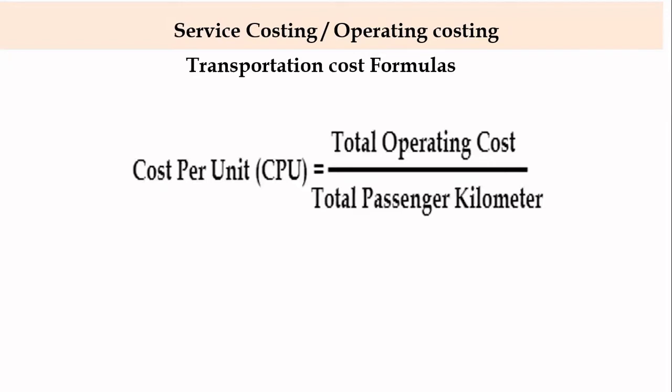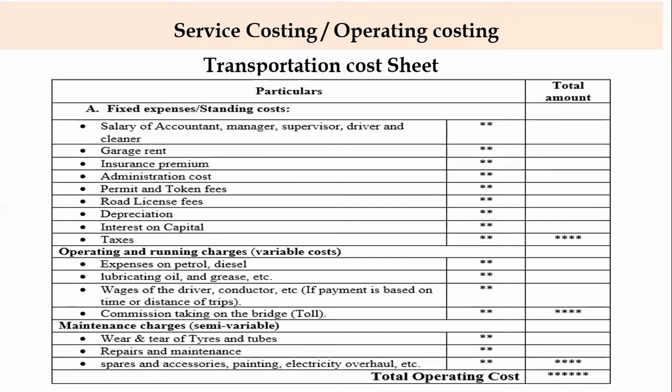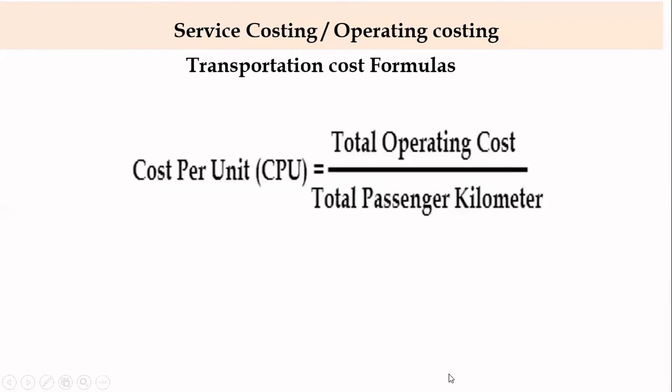So let's move on. In order to prepare cost per unit, the formula used is total operating cost divided by total passenger kilometer. Whatever total we have taken in the cost sheet is the total operating cost, divided by total passenger kilometer.